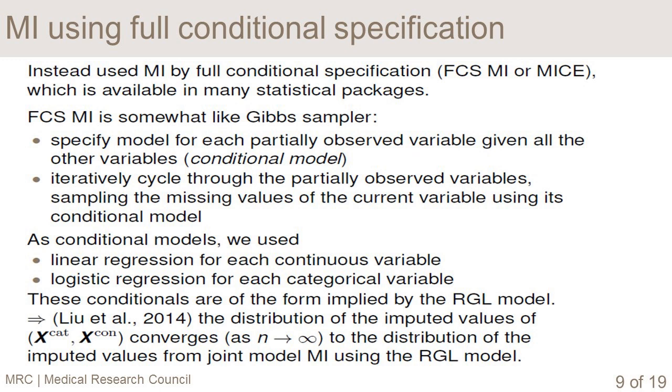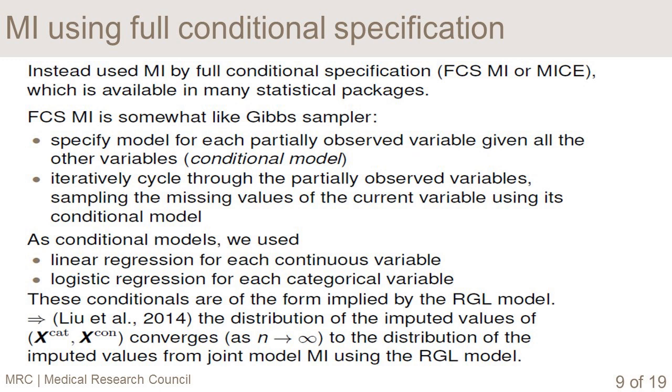Now, as well as being the default, these conditionals are interesting because they are of the form which is implied by the restricted general location model. And the reason why that is interesting is because of a result obtained by Liu, Gelman, and others a few years ago.